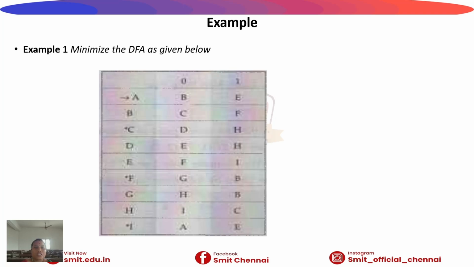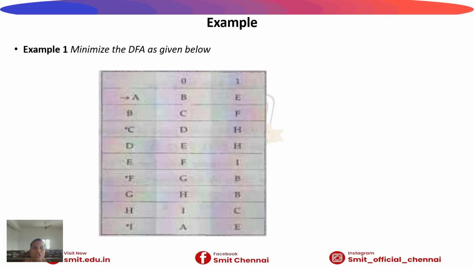There are 9 states in the given transition table. The input symbols are 0 and 1. A going on 0 and 1 goes to B. B going on 0 and 1 goes to C and F, and C is also a final state.